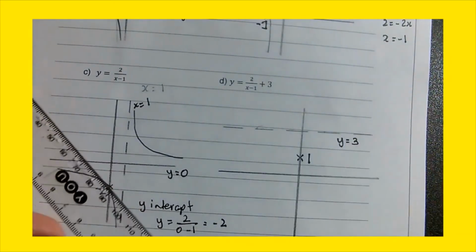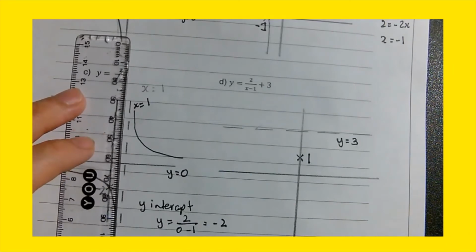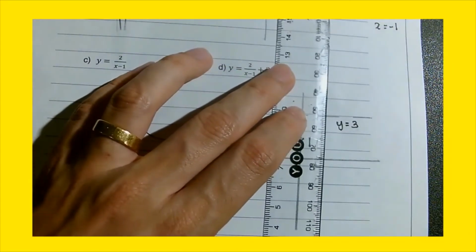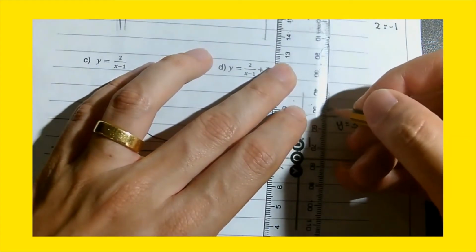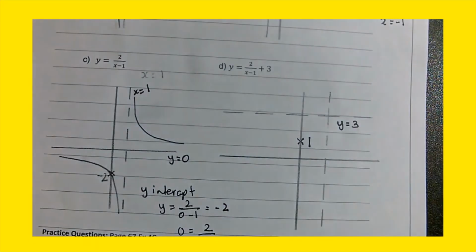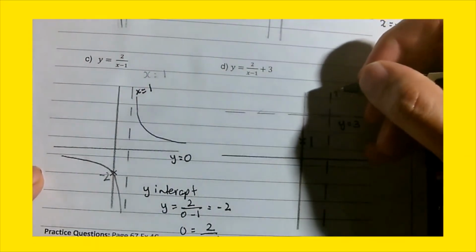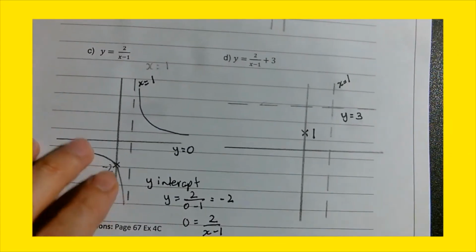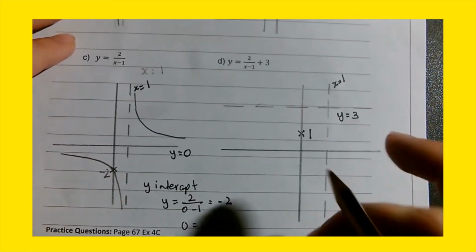This asymptote here of x equals 1, that's not going to change, that's going to stay as it is. But obviously this will shift up.